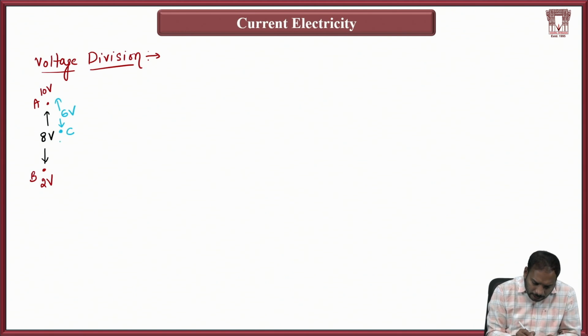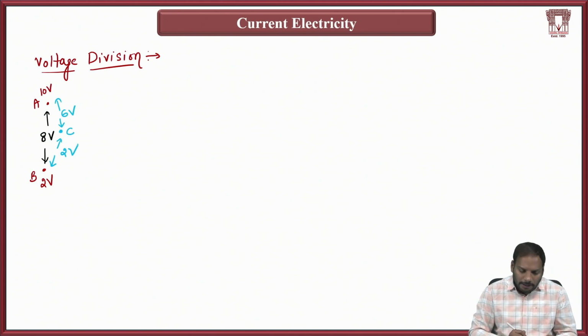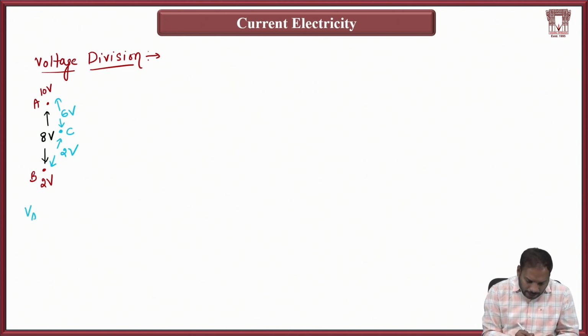Then compulsorily the voltage between C and B must be 2 volts. The voltage difference between A and B was 8 volts, whereas if you calculate it along a different path, A to C and C to B, ACB is a new path.